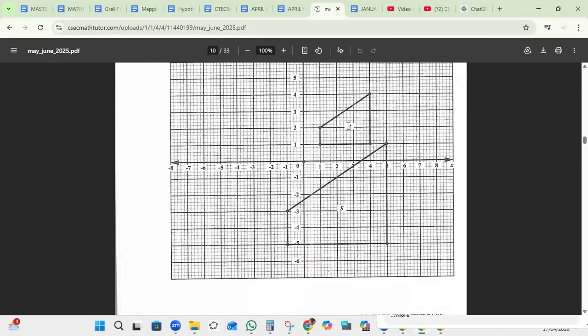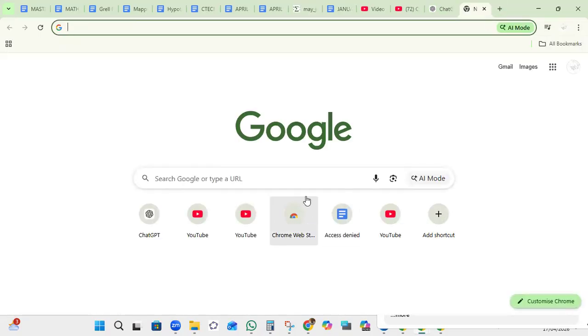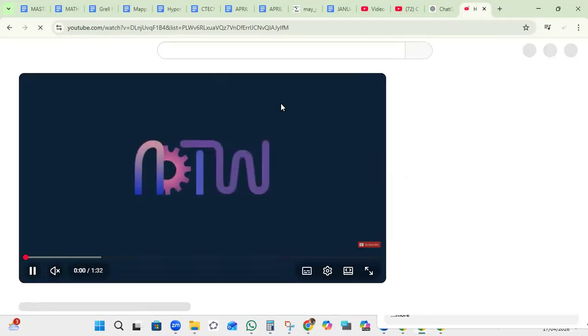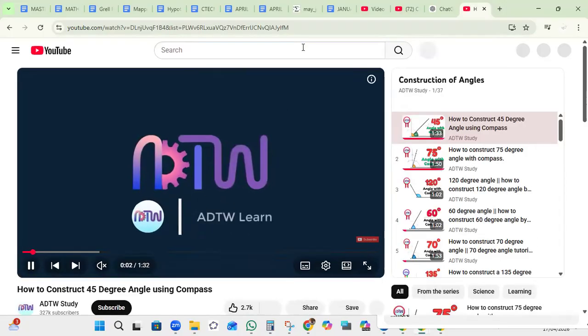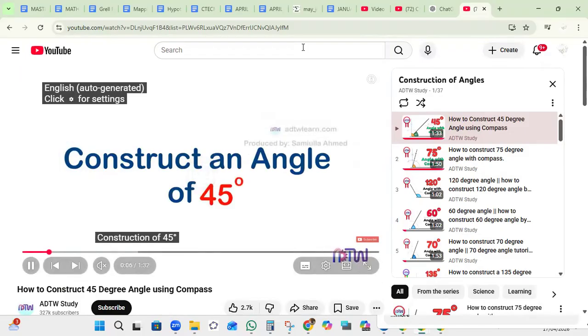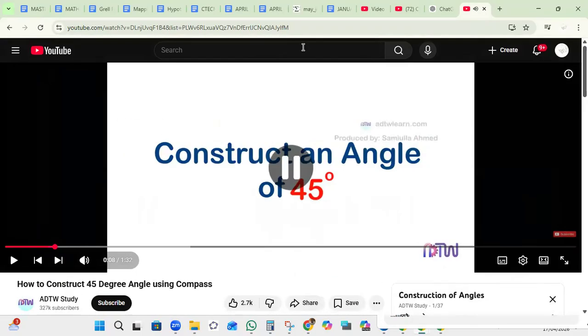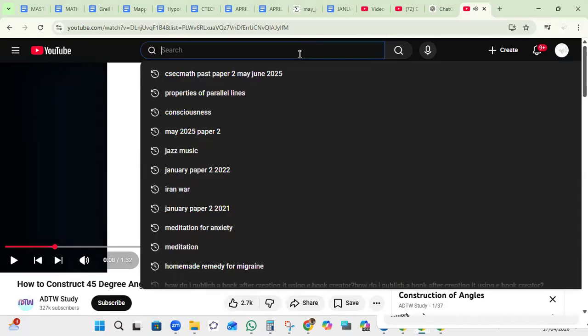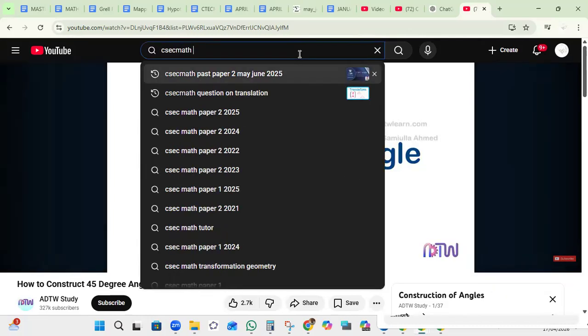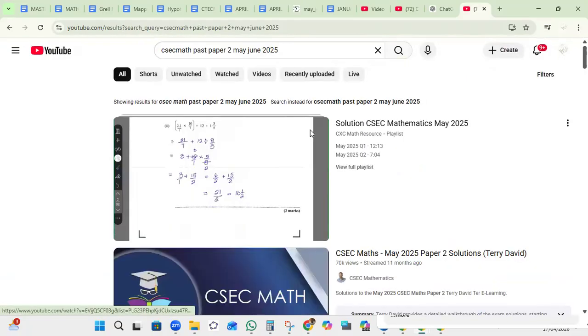And for the solution to help you with this particular question, you can look up Terry David. So you can type CSEC Math Paper 2, May June 2025.